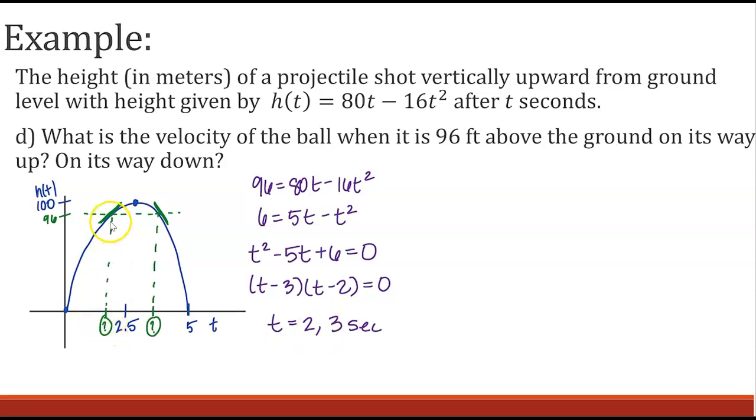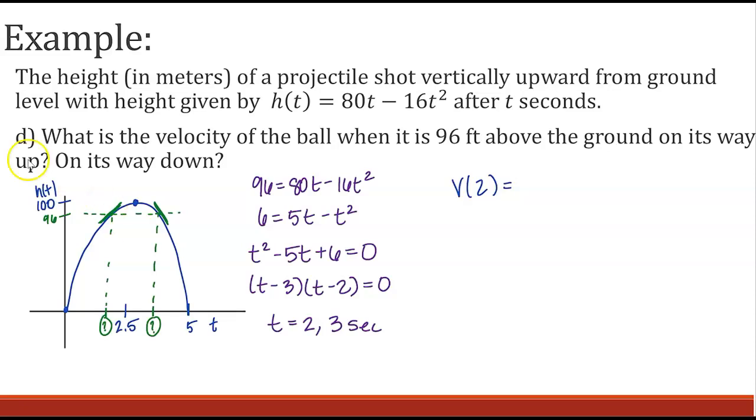So at 2 seconds on its way up, and at 3 seconds on its way down, the ball is 96 feet high. But I want to know the velocity at those times. So I want to know what v of 2 and v of 3 are.